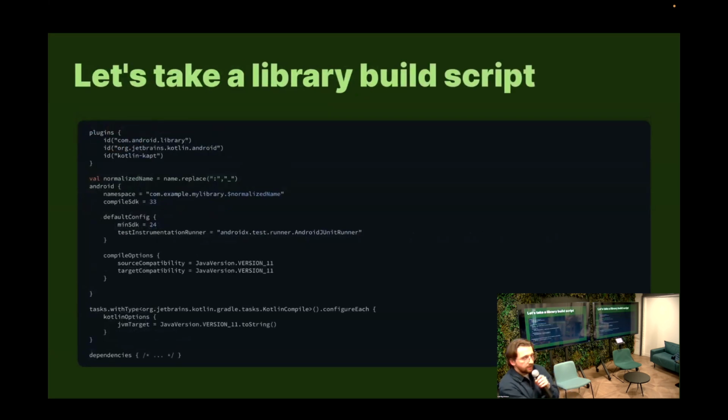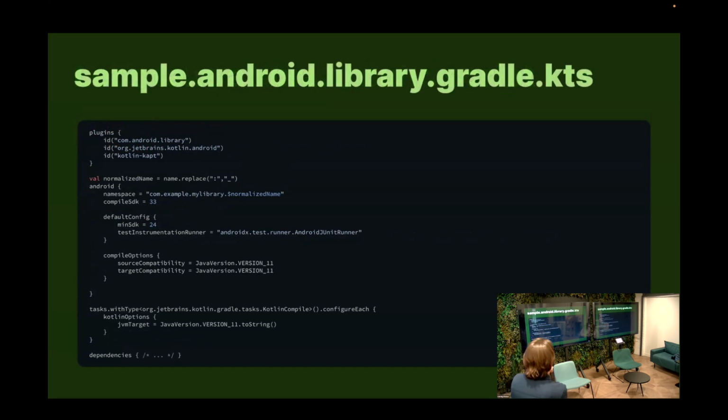And now let's take a look at our previous build script, one of the many hundreds. It looks like this. How does the precompiled script look like? Pretty much the same. We can copy paste most of it besides the dependencies. And you can actually put some dependencies there that are common, but you most likely don't want to put your project dependencies there and let the use case define that. But otherwise, everything can be the same.